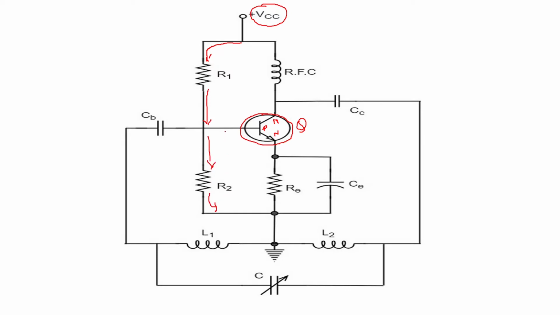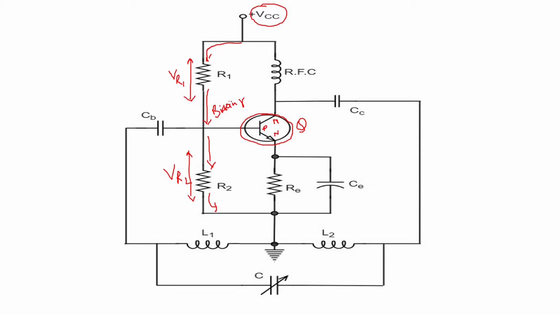This current which flows will develop a voltage across R1, and it will also develop a voltage across R2. These voltages will act as biasing voltages. They are going to bias the transistor so that the transistor operates in a proper active mode, so that we can use it as an amplifier with positive feedback to work as an oscillator.